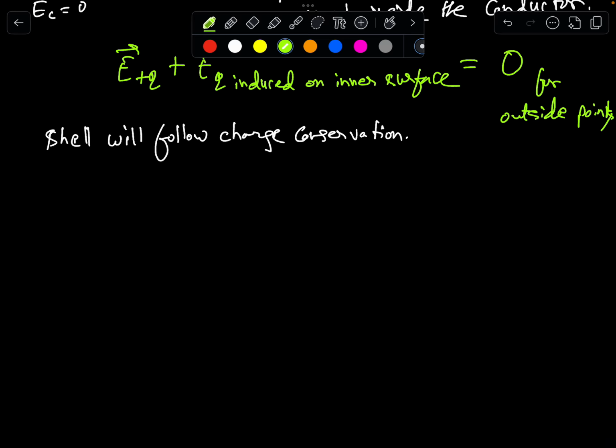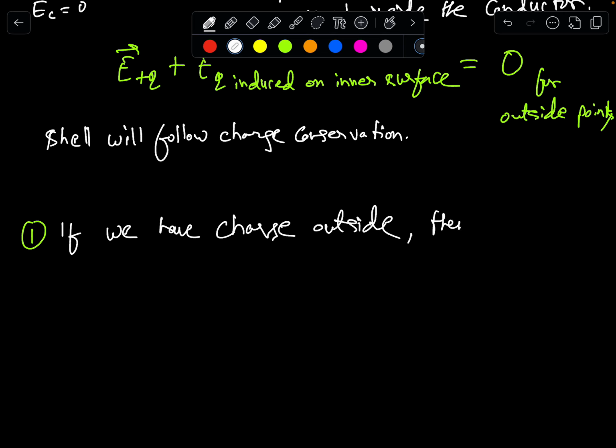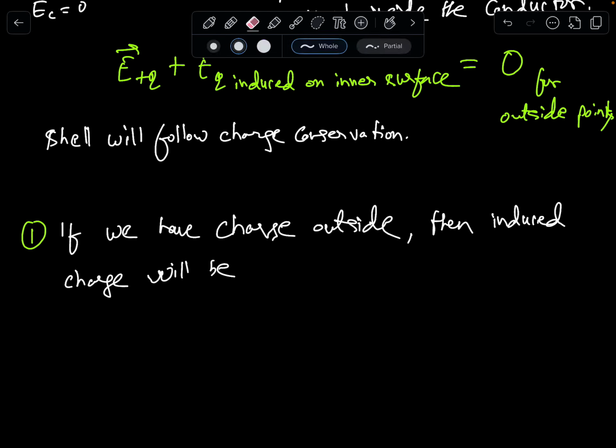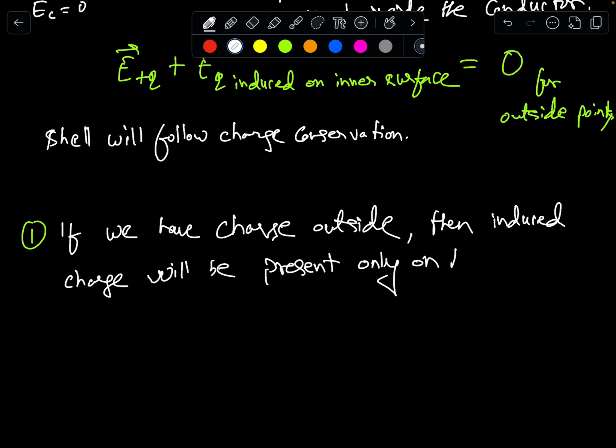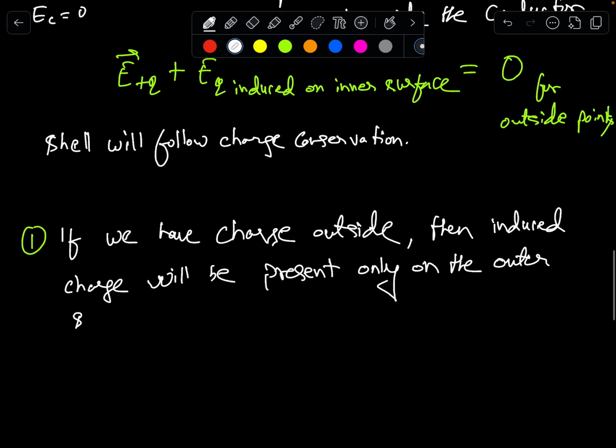So I will summarize whatever we have seen here. Let's summarize. First point, if we have a charge outside, then induced charge will be present only on the outer surface of the shell.